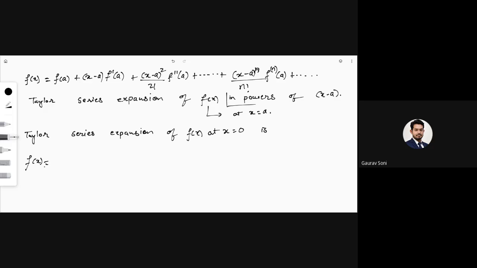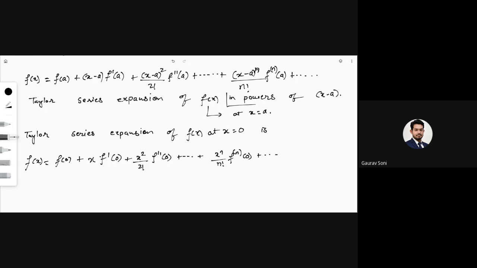Can anyone do this? f of 0, very good. Plus x into f dash of 0, plus x square by 2 factorial into f double dash 0. Very good. And so on. We will have x raised to n upon n factorial, nth derivative at 0, and so on.